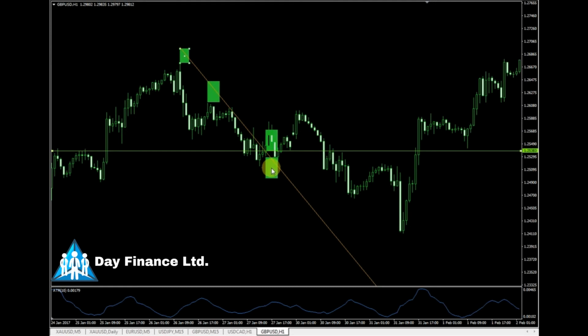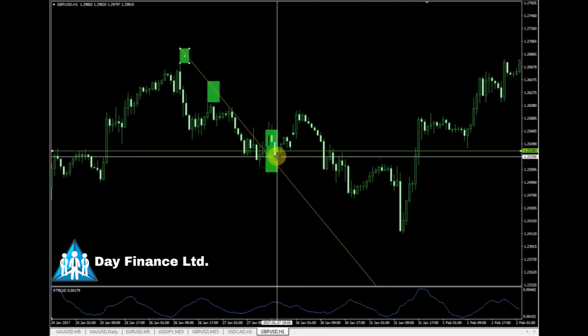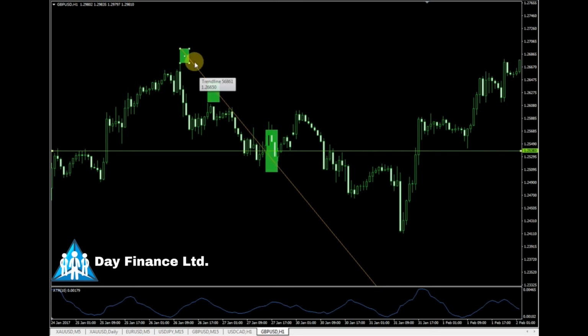Only one target because it's against the trend. Your stop loss has to be here, and your stop right now would be below this line.